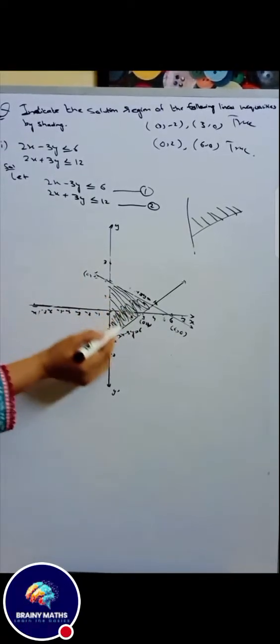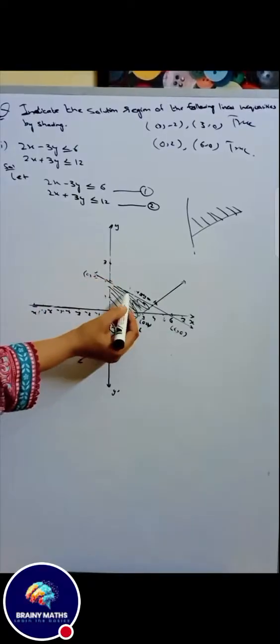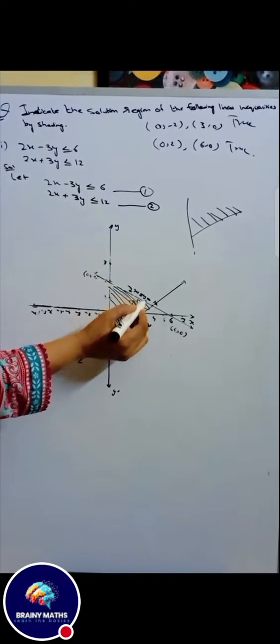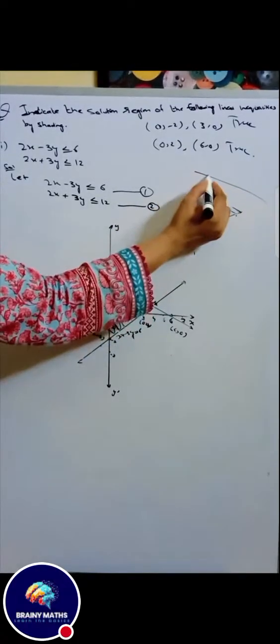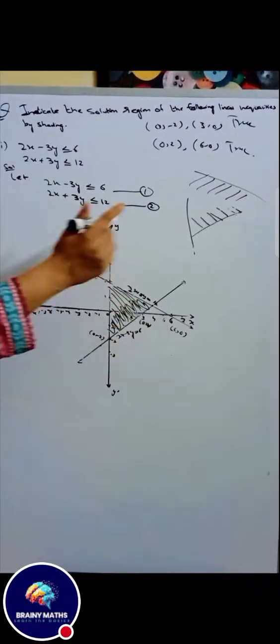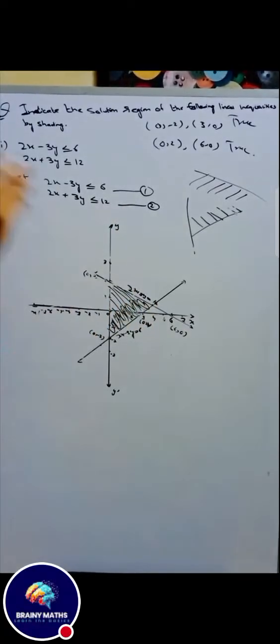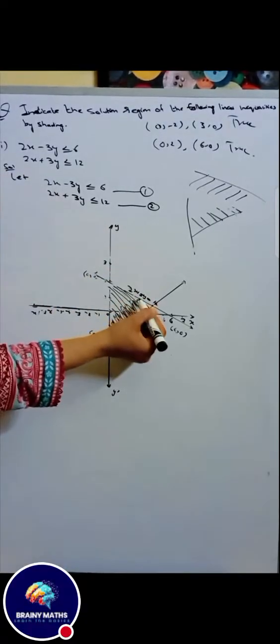Next, up to that, shading. And next is 2x + 3y, towards the origin. It's like that, so it must be towards the origin. You got it? Actually, it's a little confusing because I am drawing on the board. When you use your pencil, you will understand notably. Alright? And now 2x + 3y = 12, towards the origin is here.